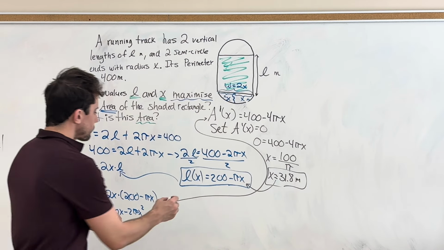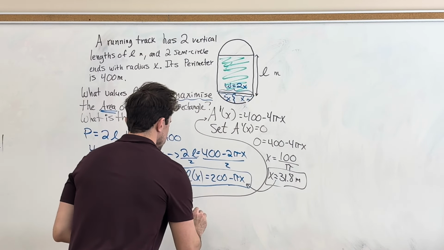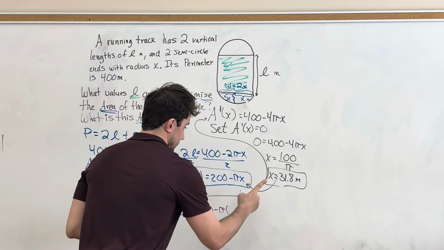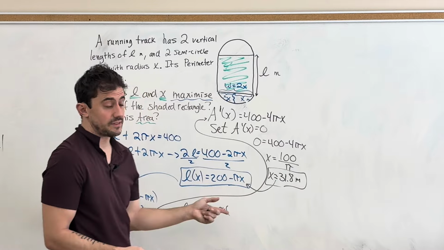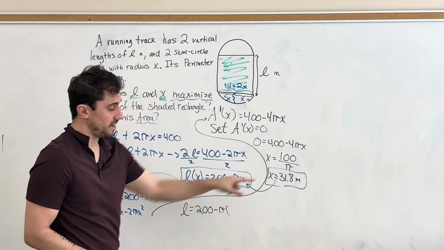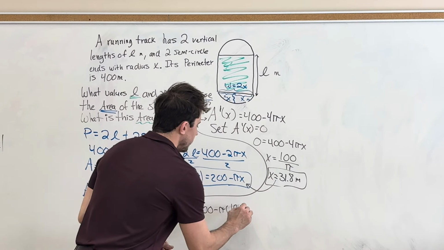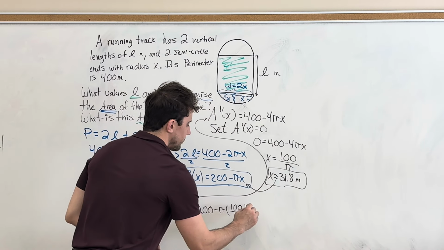And so that would mean that L is equal to 200 minus pi times. Remember, we can put in 31.8 or make your life even easier. Remember, x is even more accurately 100 over pi. And you might see why that's convenient to do. Pi times 100 over pi, right?